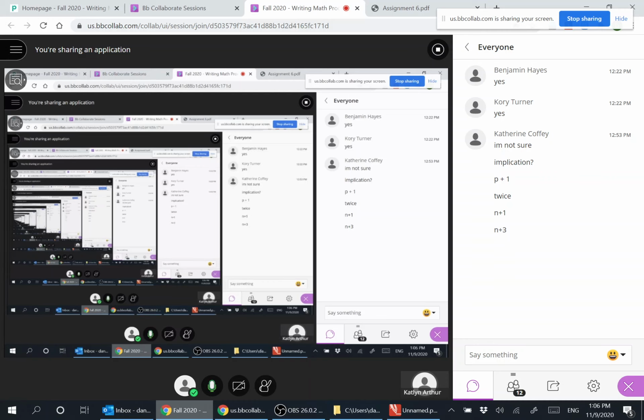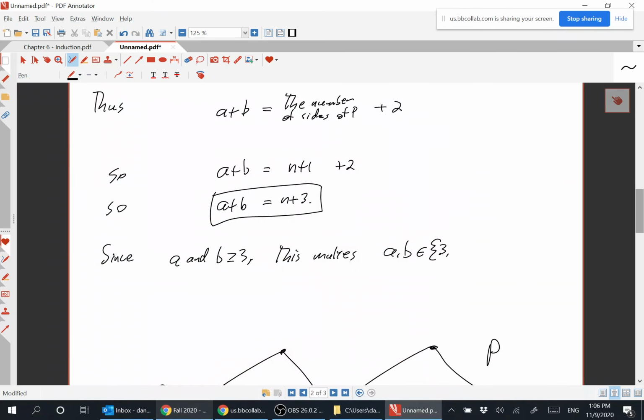Each one by itself. A plus B is n plus 3, and each of A and B is at least 3. So what's the max value for A by itself, and for B by itself, if they add up to n plus 3?